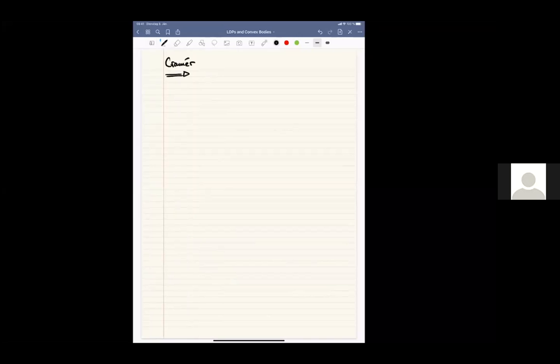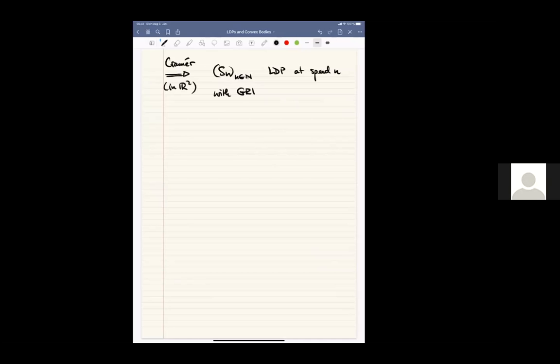So now we apply this tool in R^2. We get that S_n satisfies an LDP at speed n. This is what Cramér gives us, with a good rate function, so a rate function with compact level sets, given by the Legendre transform.